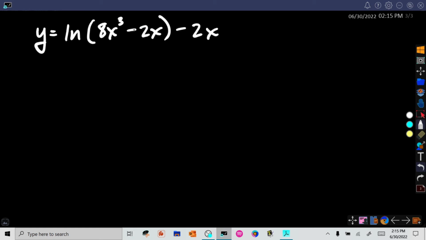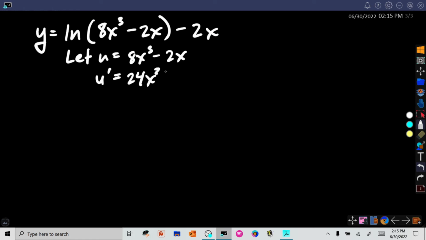In this case, because I've got a subtraction sign, I can't do anything. So let's go ahead and treat this one with the chain rule. I'm going to let u equal 8x cubed minus 2x. The derivative of this is going to be 24x squared minus 2.